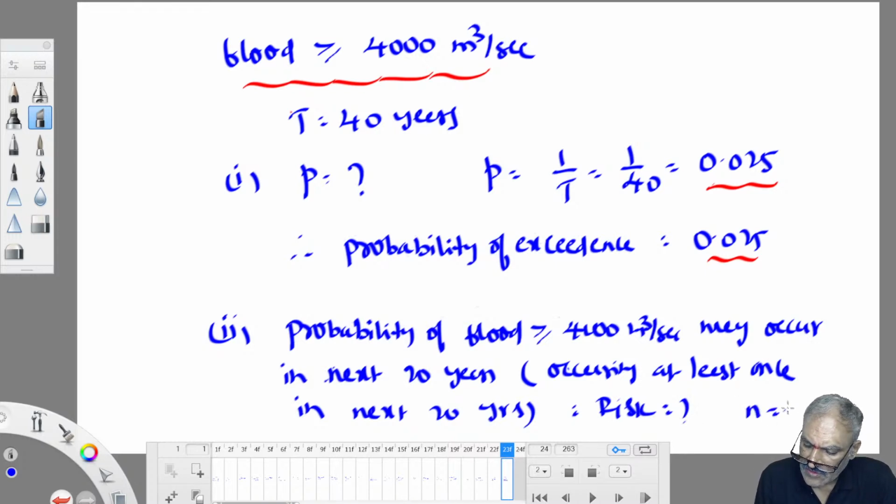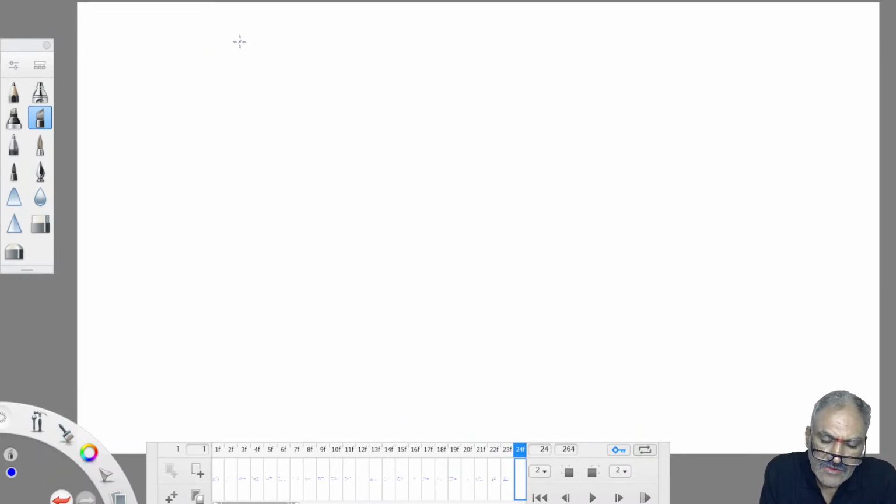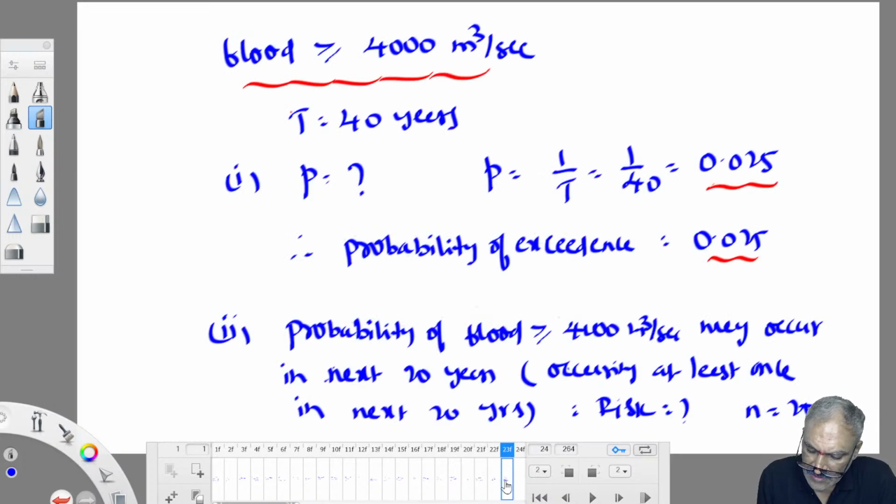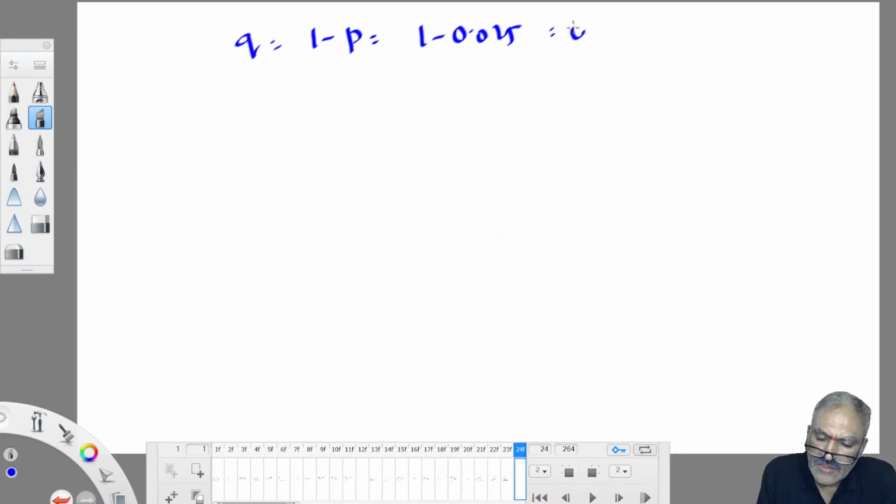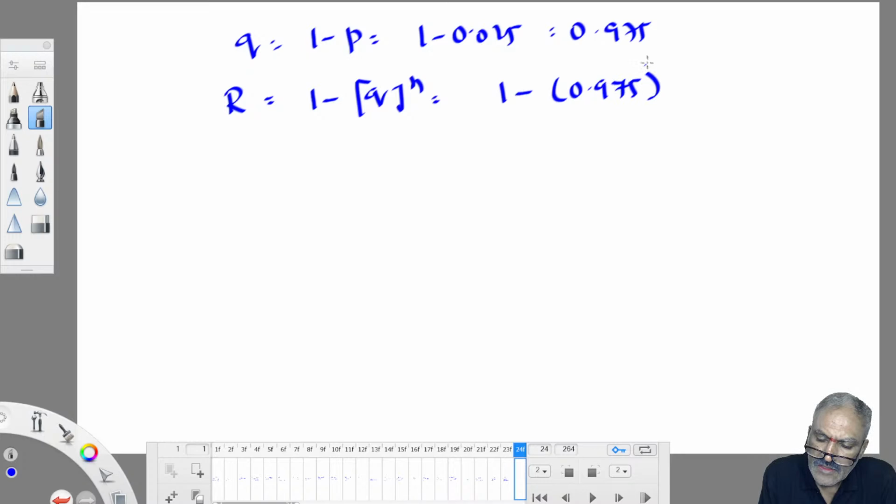So n is equal to 20 years. Can't you work out risk? So Q is equal to 1 minus P. So 1 minus 0.025. Already P we got. 0.025 is equal to 0.975. Therefore risk R is equal to 1 minus Q power N. 1 minus 0.975 to the power 20.